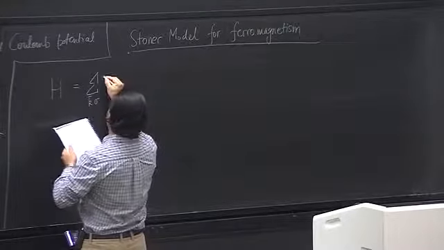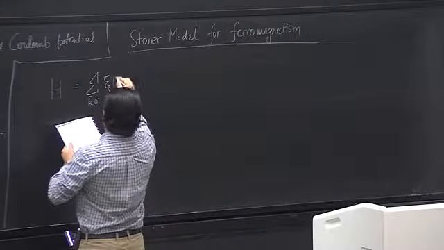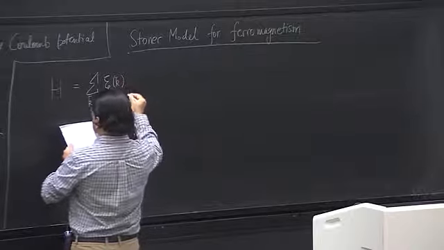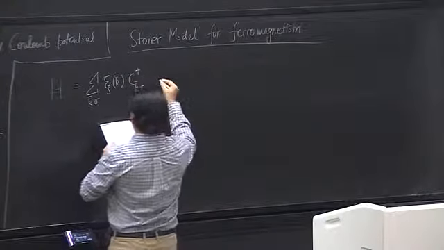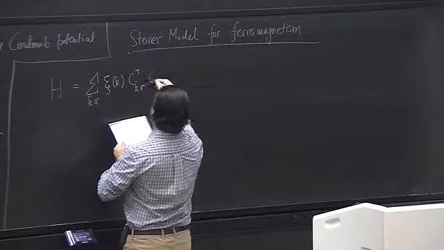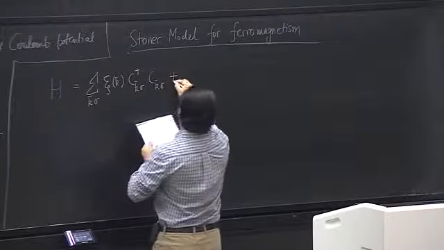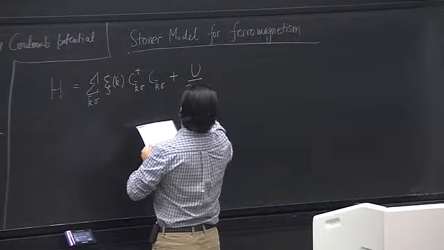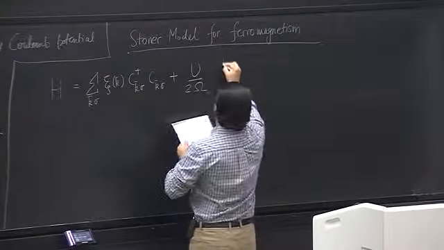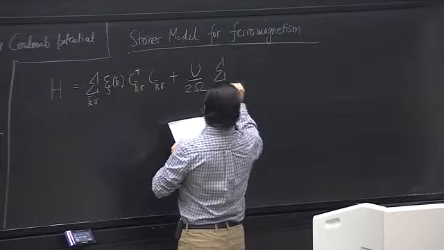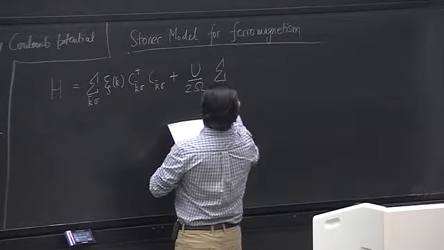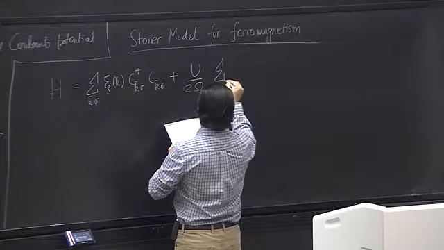So sum over k sigma, psi k, c_{k sigma} dagger c_{k sigma}, plus U over 2 Omega, sum over k prime, q, sigma prime.